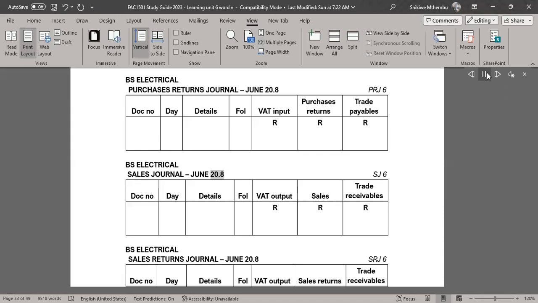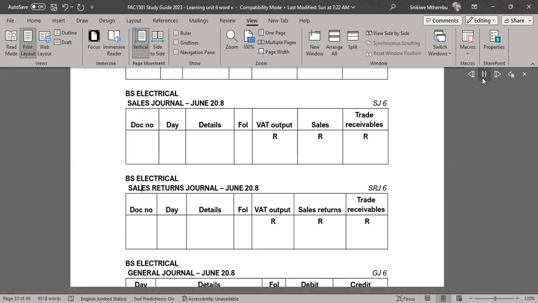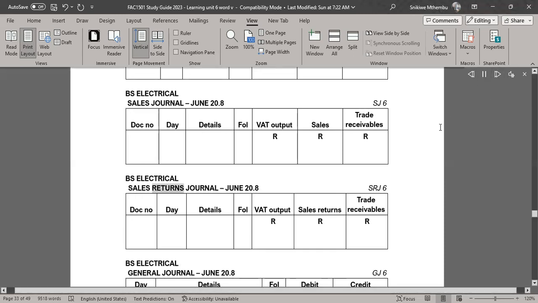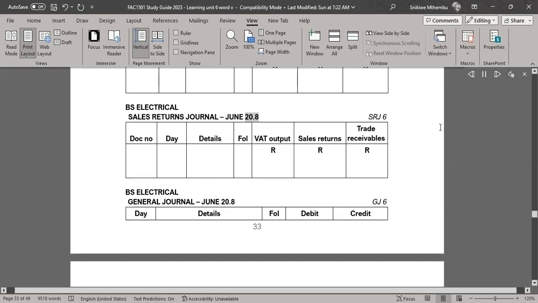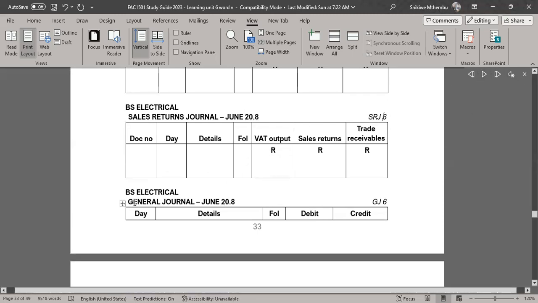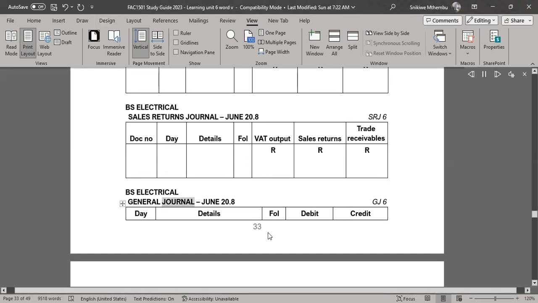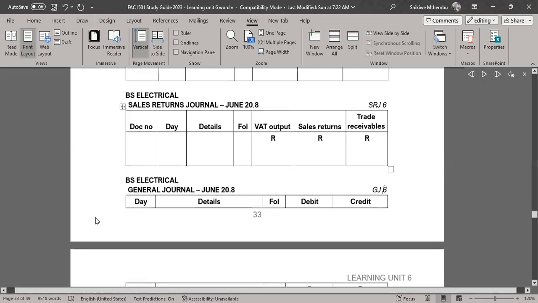Sales Journal, June 20.8 SJ6. Sales Returns Journal, June 20.8 SRJ6. General Journal, June 20.8 GJ6.